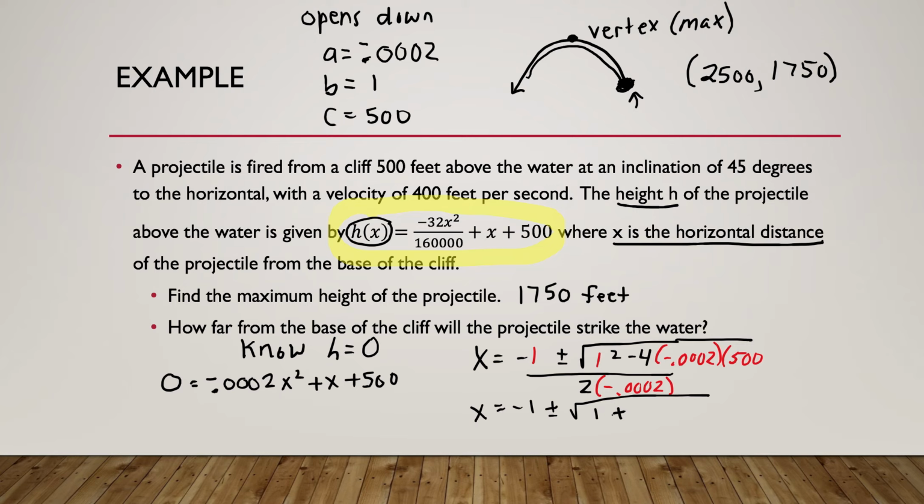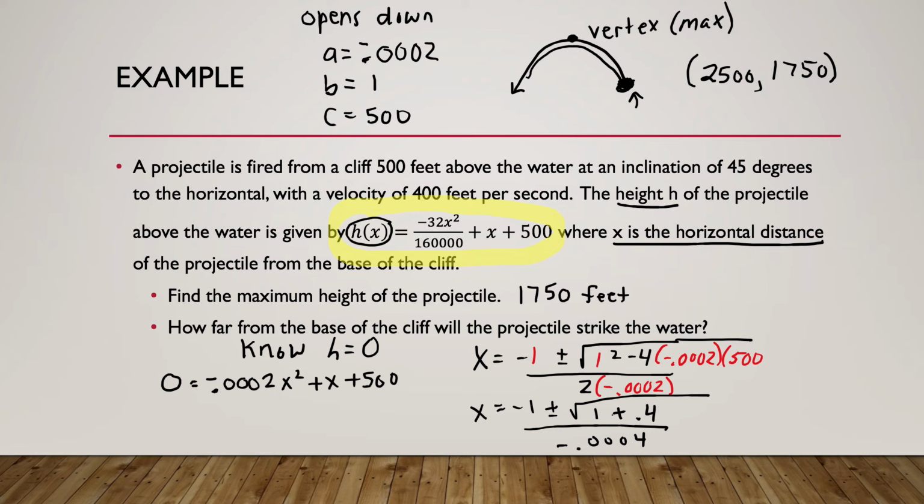So that's going to be 0.4. And then on the bottom, 2 times negative 0.0002 gives me negative 0.0004.